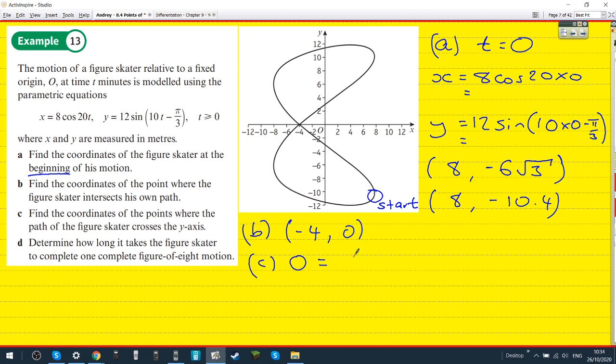So I know that the x coordinate is 0. Equals 8 cos 22. Should I then just do 0 equals cos 22? Yep.